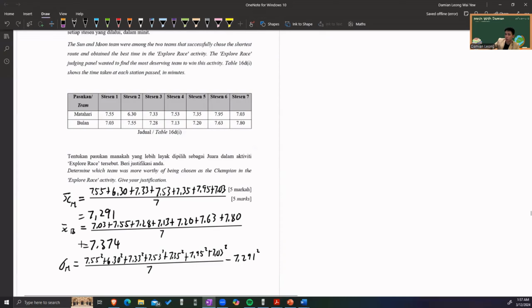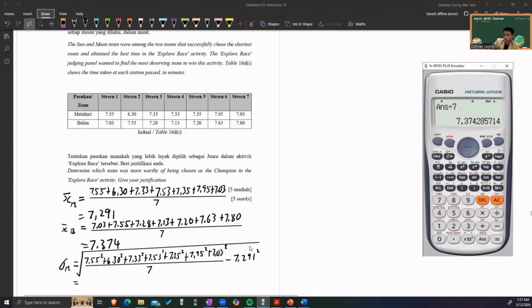And then square root. Yeah, so we calculate 7.55 square. Actually, let's edit from here. I don't have to key in all over again. I can edit from the calculator.